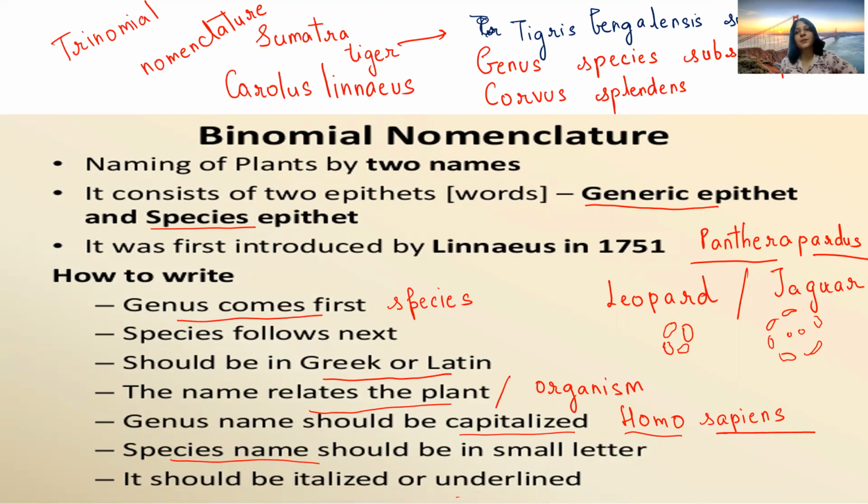So this is a subspecies of a Bengal tiger, which is found only in the Sumatra region of Indonesia. So that is how we give the trinomial nomenclature.